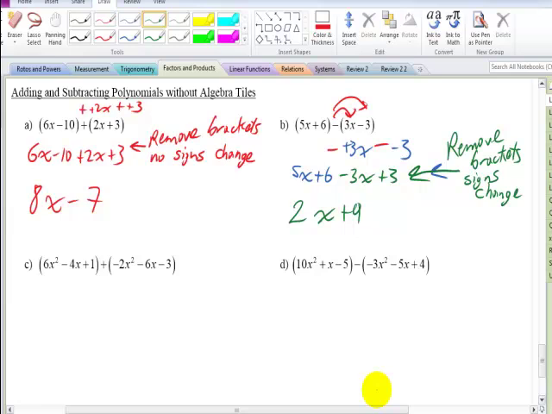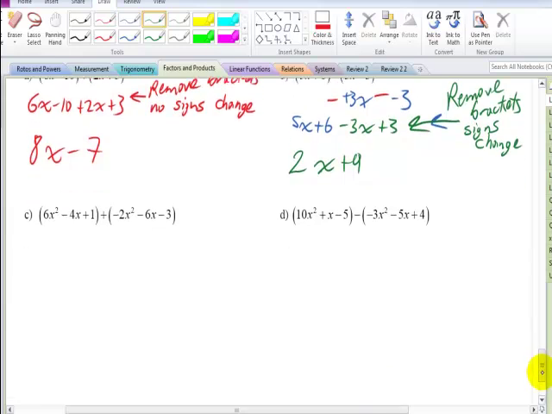Okay, C. Go ahead, do C and D, please. Show, okay, remove brackets, then your answer. I don't care if you have to rewrite the same thing. Don't be so super duper lazy.